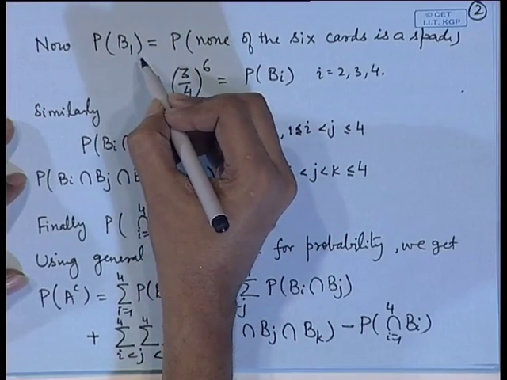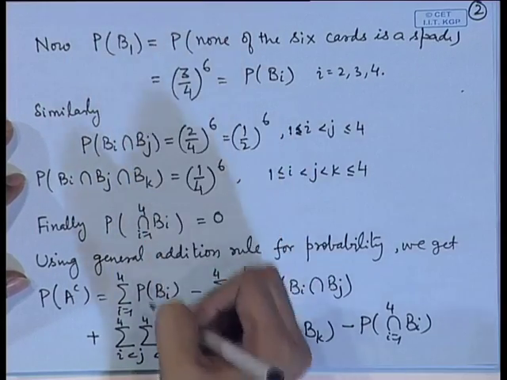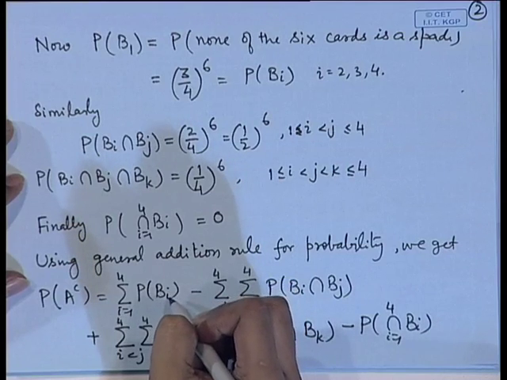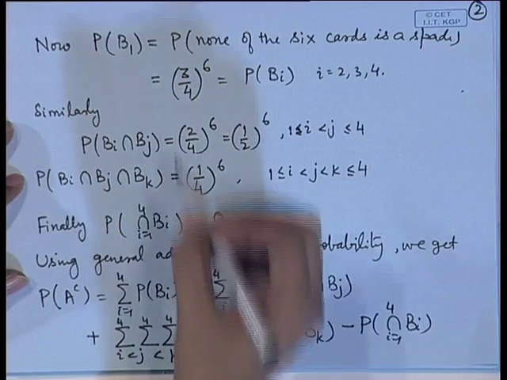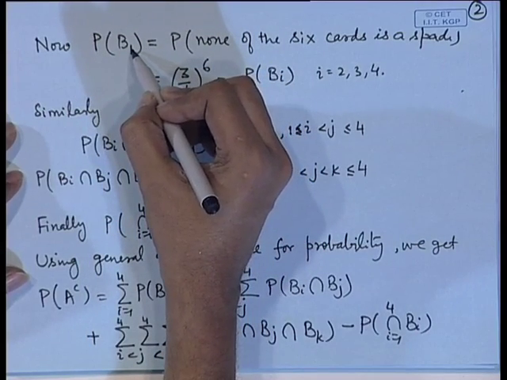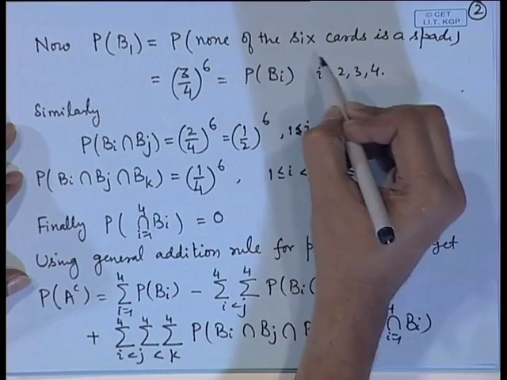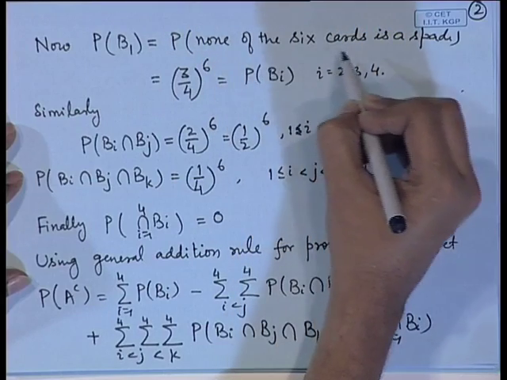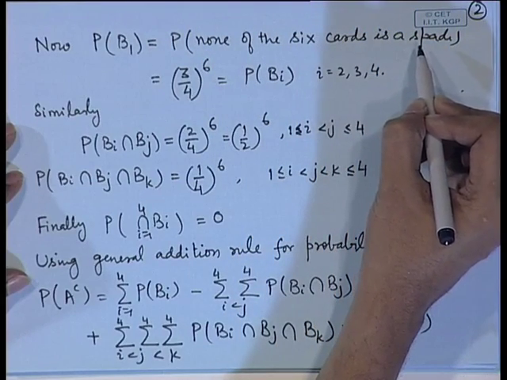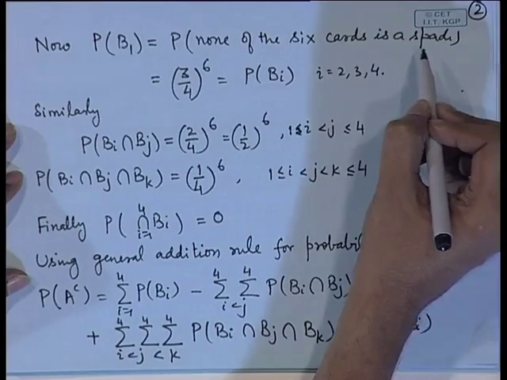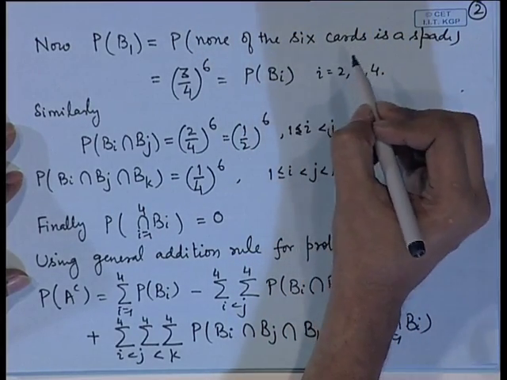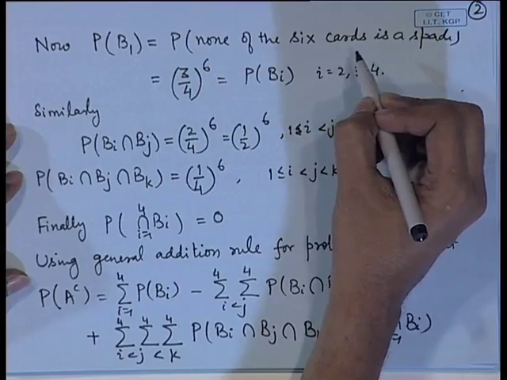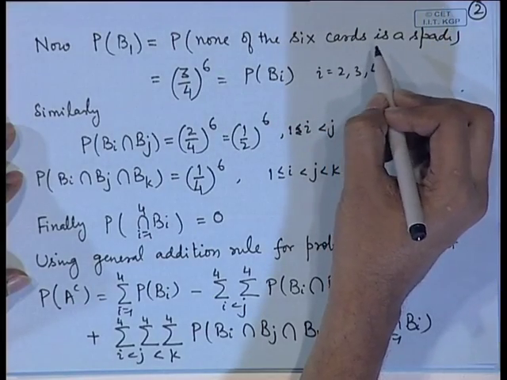Let us consider probability of B_i. Here I will need to consider probability of B_1, B_2, B_3 and B_4. Let us consider probability of B_1. Now, B_1 is the event that none of the 6 cards is a spade. In one draw of a card there are 13 spades.